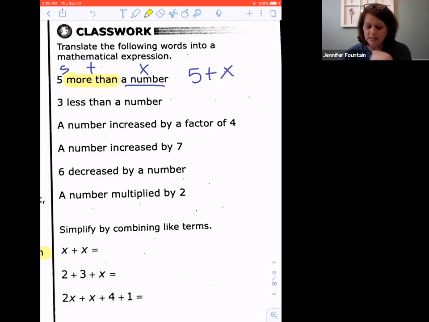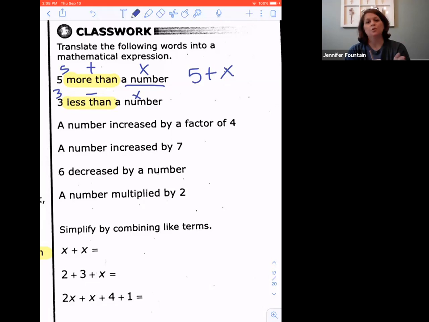So let's look at this next one, 3 less than a number. Okay, so I know the number 3. "Less than" indicates what operation? Subtraction. And then we can use X for our number. But what I have to think about here is which one comes first.